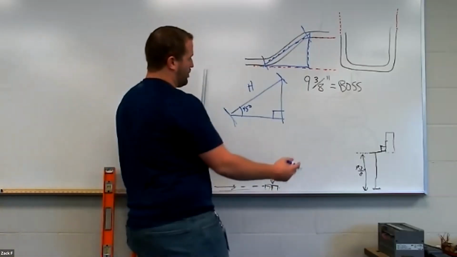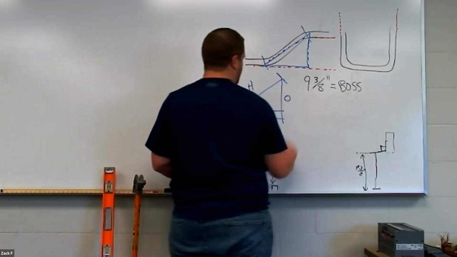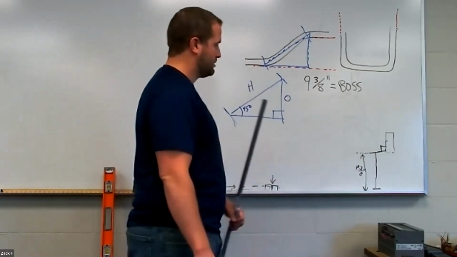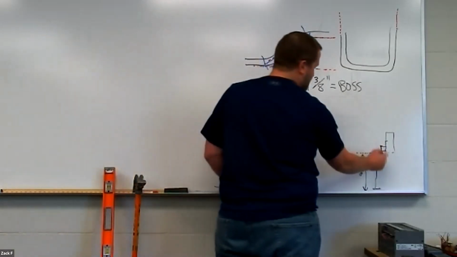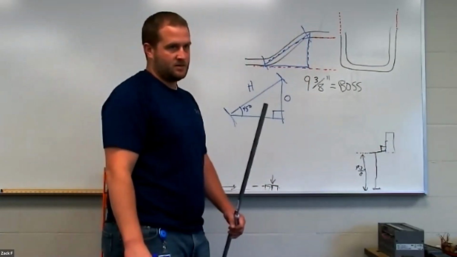This is the hypotenuse. And I need to know what this is, right? This is the height of the obstruction. I'll just call that O. If we're going over this I-beam as the obstruction, what is the height of the obstruction? 9 3/8. Right.